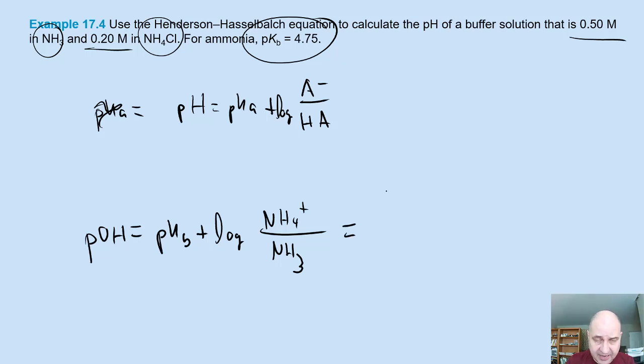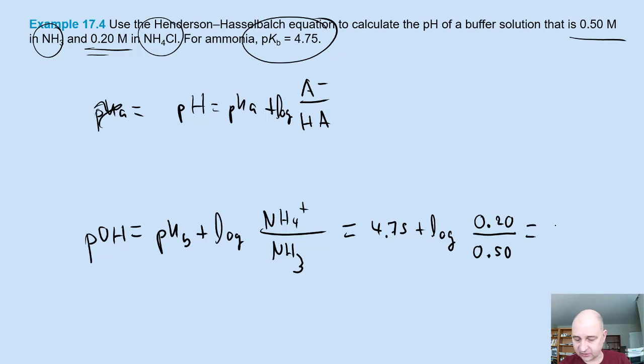And so the pKb would then be 4.75 as provided, plus the log, and so here is 0.2 of the conjugate acid, 0.20 divided by 0.50, and I get an answer of 4.35.